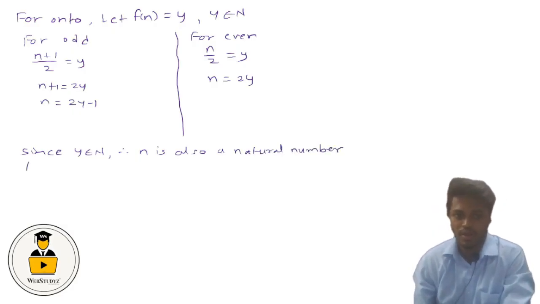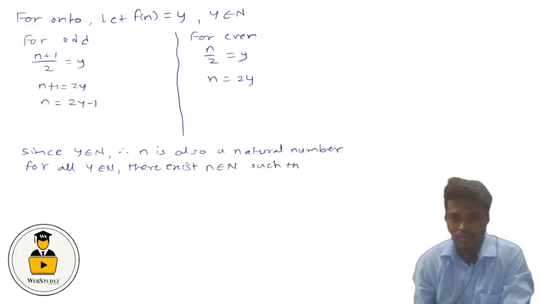So we can say that for all y belonging to N, there exists n belonging to N such that f(n) is equal to y. Since it is satisfying this condition, we can say that f is an onto function.